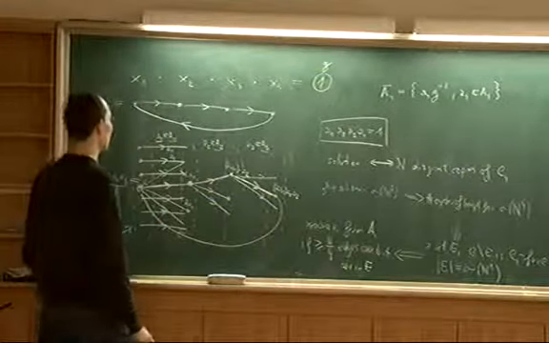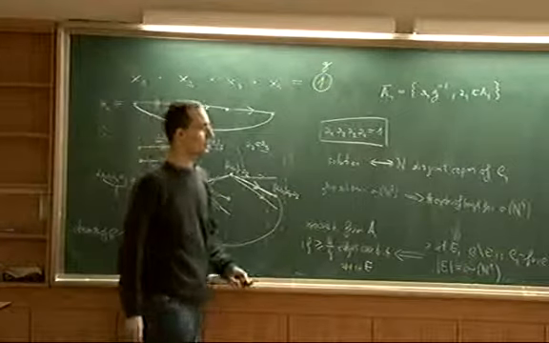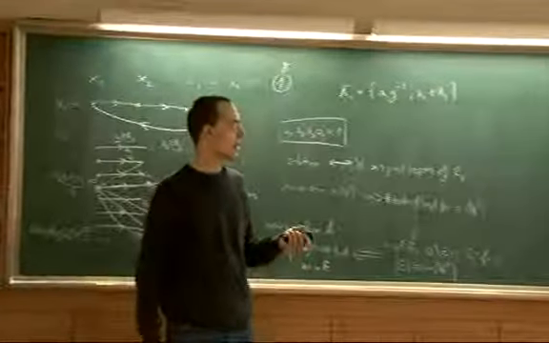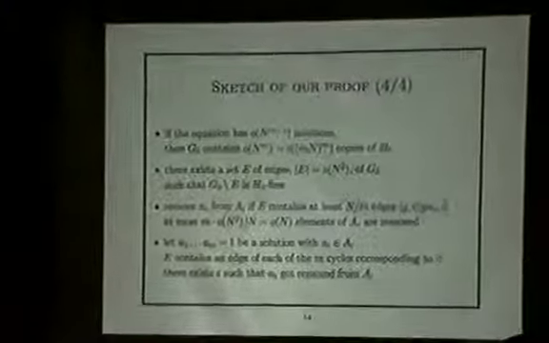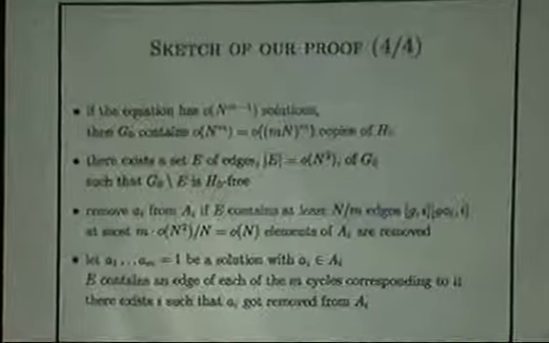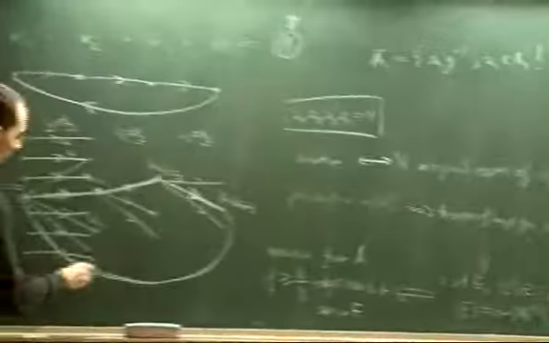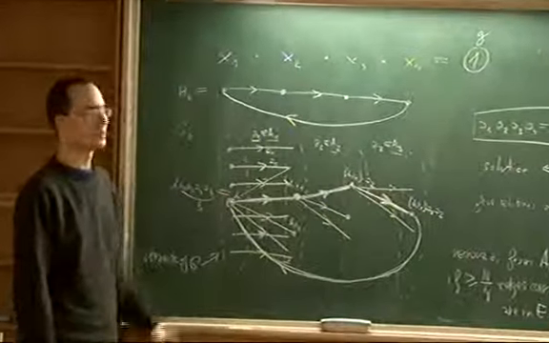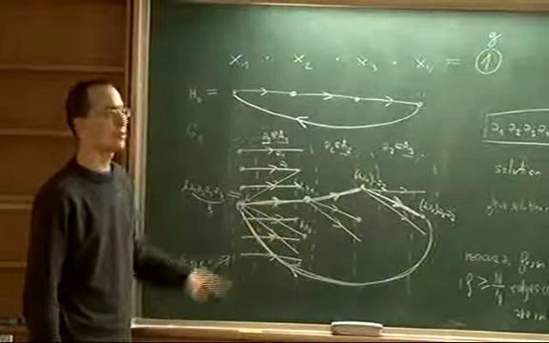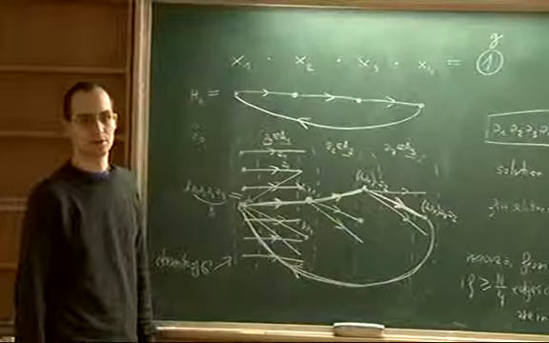What remains to be argued is this: I got new sets Ai prime, and I have to argue that there is no solution left. So imagine there were a solution left. You look at the 4-cycle corresponding to it, and now you consider all the n copies, all the n cycles corresponding to this solution.